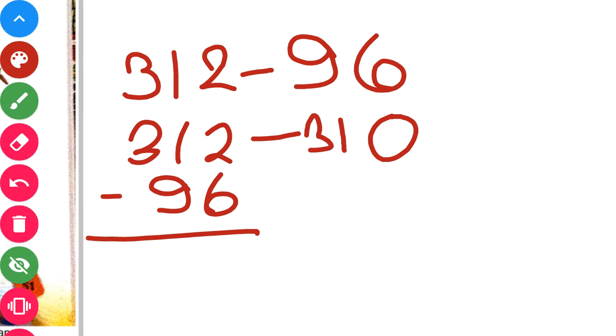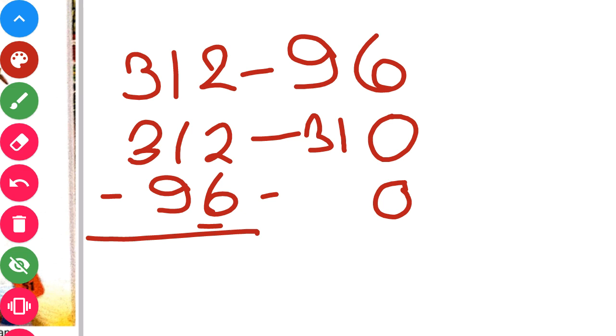Now we have 96. We have 6 at the ones place, which means the number at the tens place will get increased by 1. This 6 will become 0, and as the number at the ones place is greater than 5, 9 will get increased by 1.